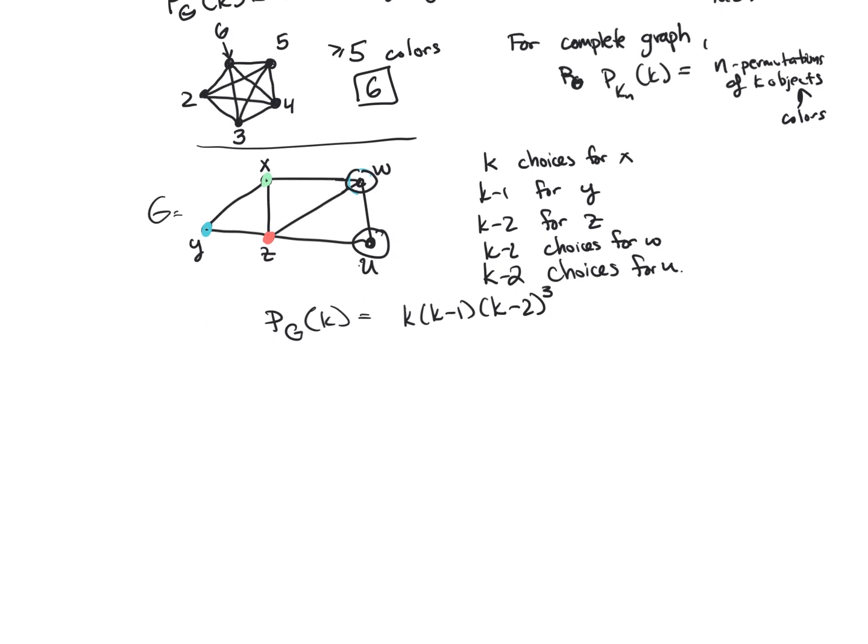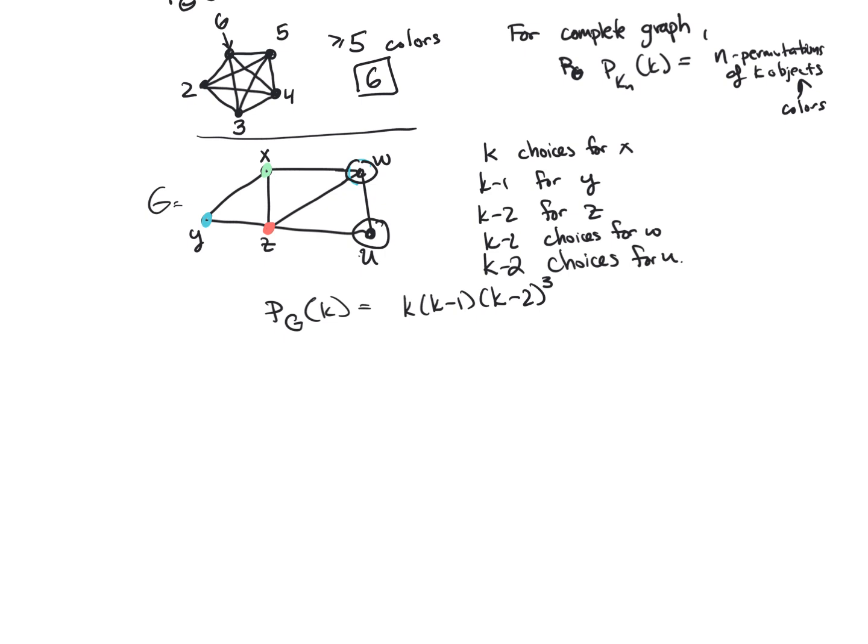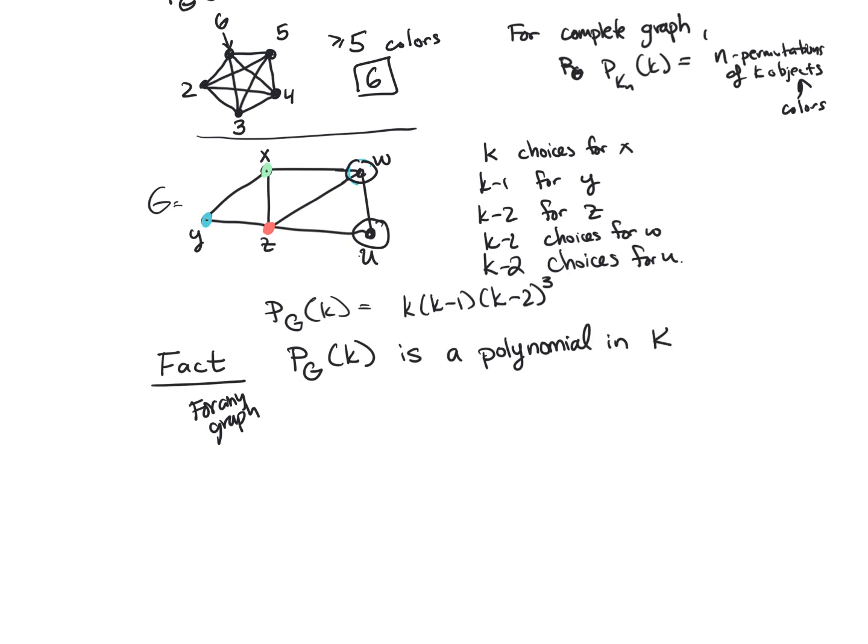And here's a nice, kind of startling fact, which I'll talk about on Tuesday. It's called P_G(k) because for any graph G, counting k colors is always a polynomial in k. This should even be a little k.